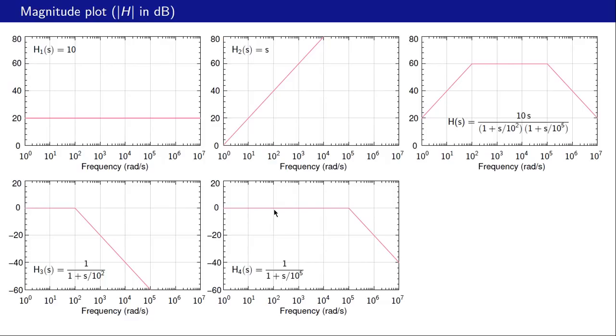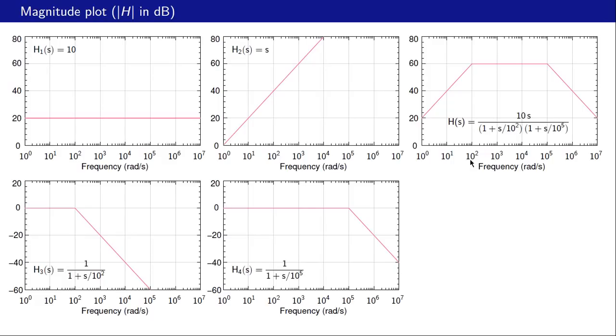So the net slope is going to be the sum of all these slopes, which is in this case the same as this slope, that is 20 dB per decade. So therefore up to 10 raised to 2, up to this pole, that situation is going to prevail. So we draw a straight line with a slope of 20 dB per decade, and we stop at this point, because now things are going to change, because this H3 is going to change.